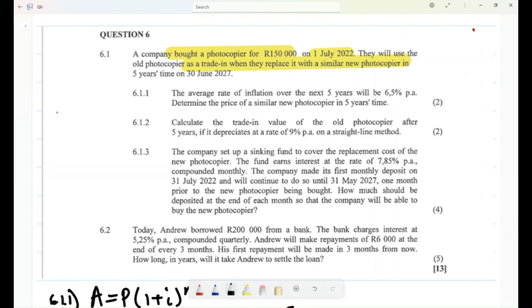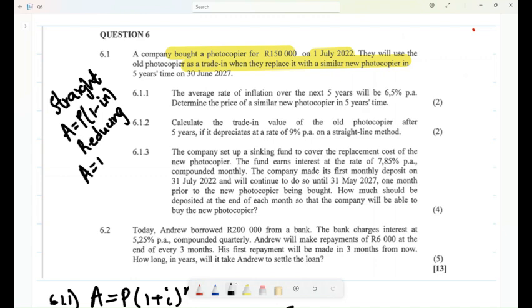So remember, if I said you bought it with 5 rand, it will depreciate to 1 rand. But now there are two types of depreciation. The first one is by straight line. If it depreciates by straight line, it's going to be A equals P times (1 minus in). But if it depreciates by reducing balance method, you're going to use this.